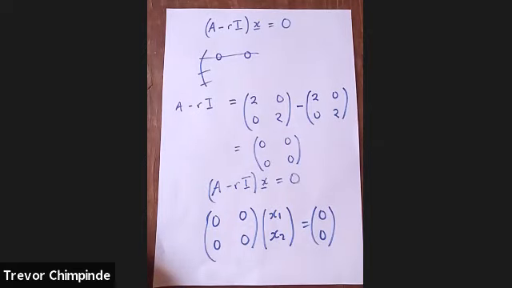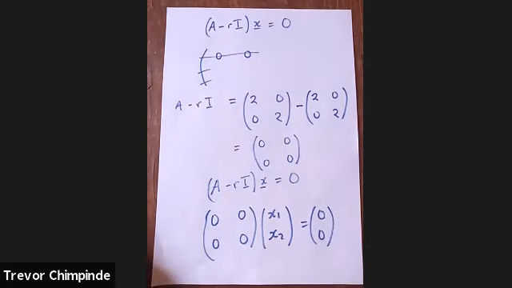Okay, so you see what has happened here. Here we get the 0 matrix. So we want to solve this equation. What do you think are the solutions for this equation? What should be the choices of x1 and x2? I'm throwing that question to you. What do you think? It has no solutions. Really?